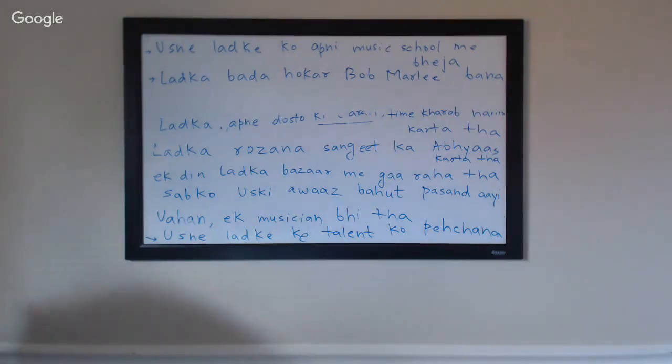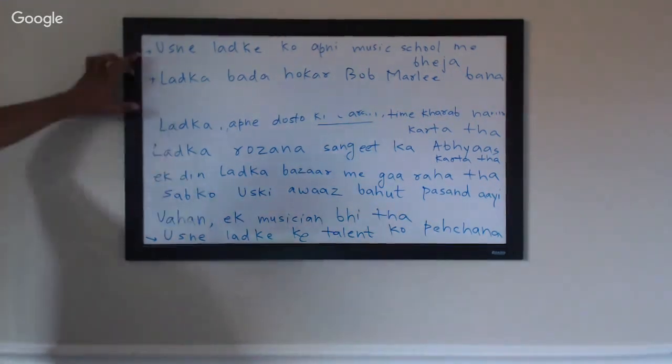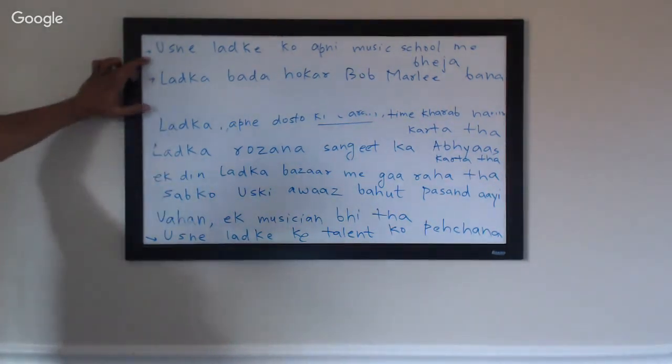Okay, so the last two sentences, why don't I just volunteer Liz again? So Liz, why don't you unmute yourself? Read it and then translate it. उसने लड़के को अपनी म्यूजिक स्कूल में भेजा.